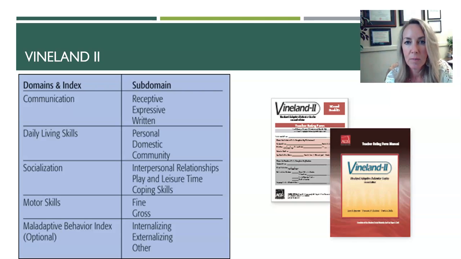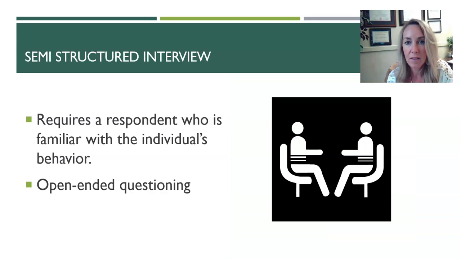The Vineland-2 is pretty much the gold standard for assessing adaptive behavior. And they have different domains: communication, daily living skills, socialization, motor skills, and the optional maladaptive behavior index. And these are some subdomains you can see that go along with that. This is a standardized assessment.